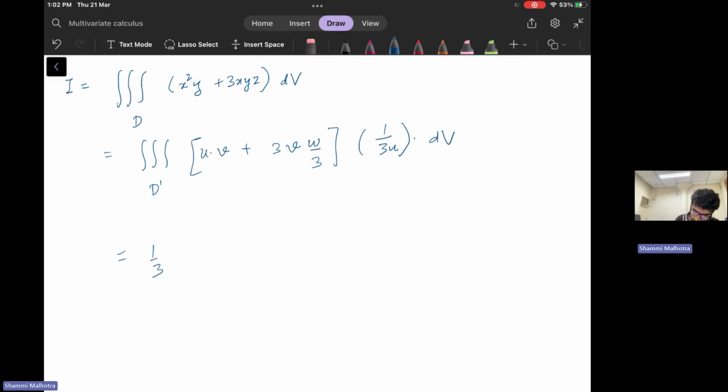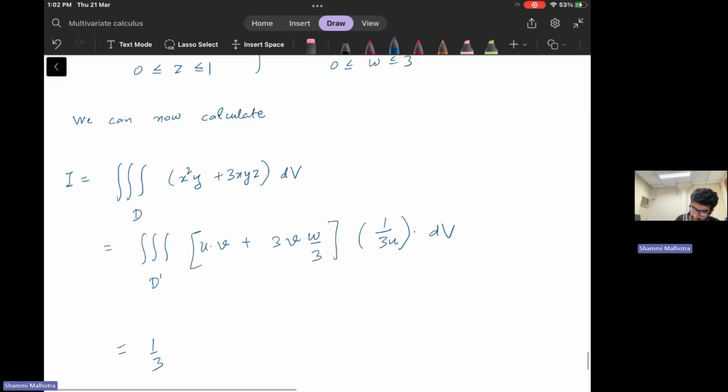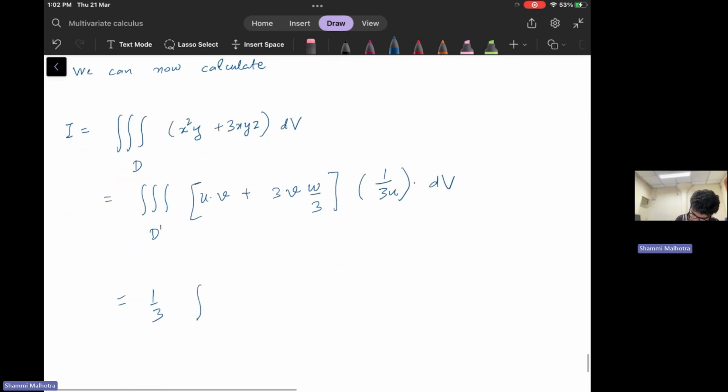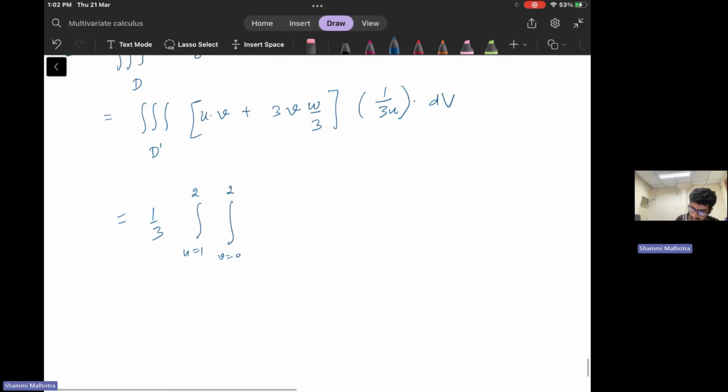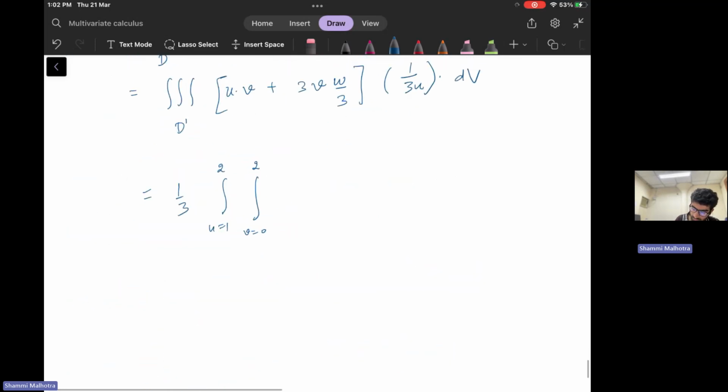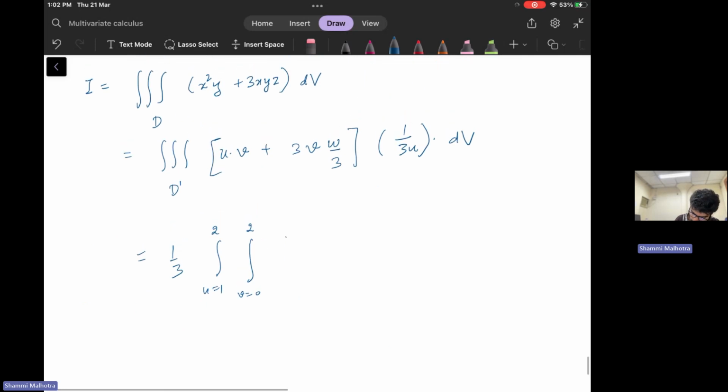This is 1 by 3, and my region is given by u varies from 1 to 2, v is from 0 to 2, and w is from 0 to 3. The integrand is v plus w, sorry, it's v by u, so it's dw, dv, and du.